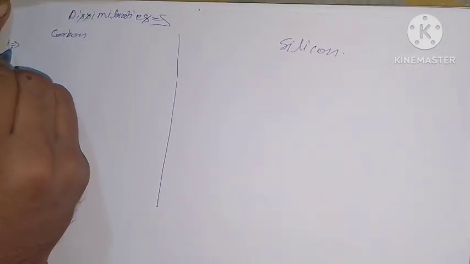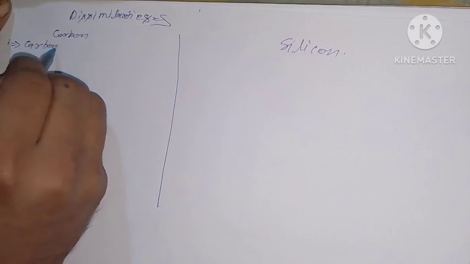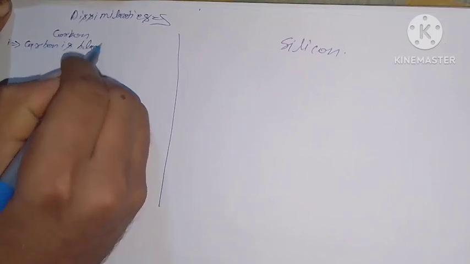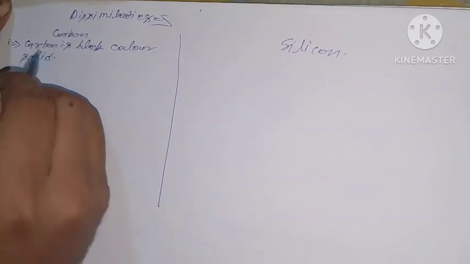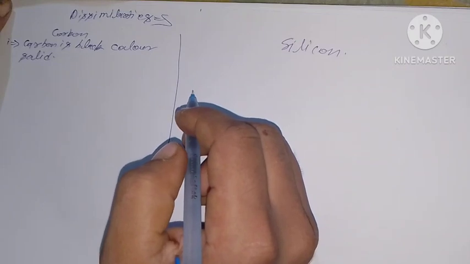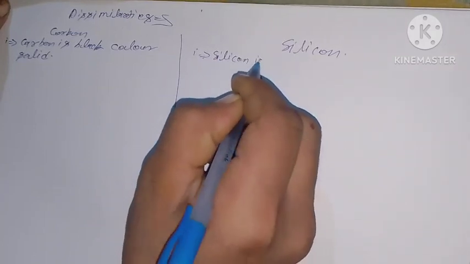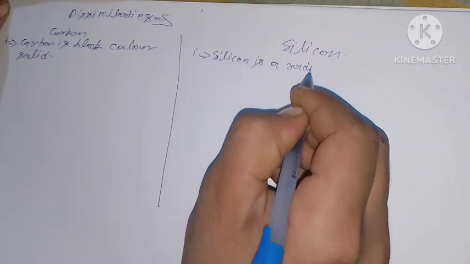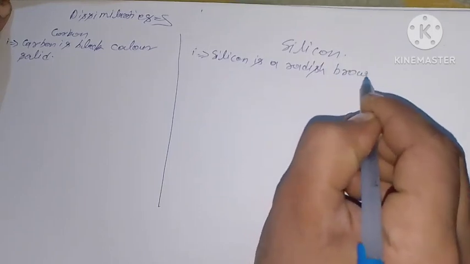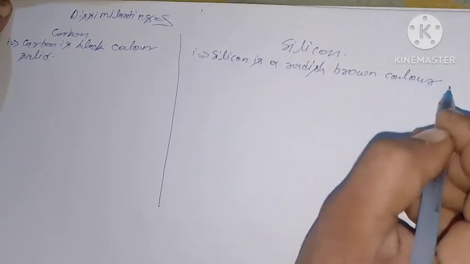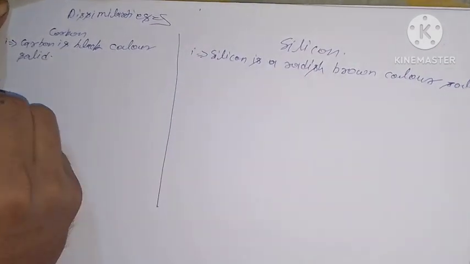First point. Carbon is a black color solid. Silicon is a reddish brown color solid. Second point.